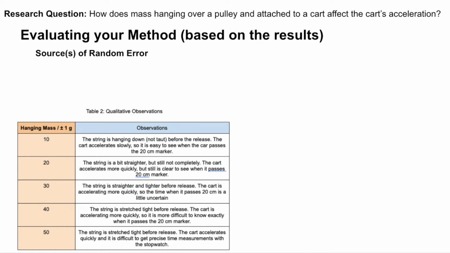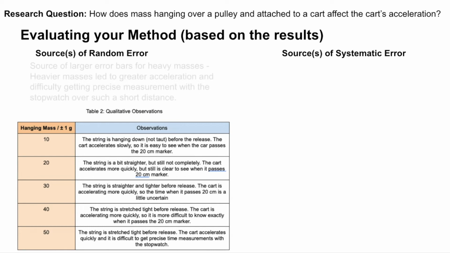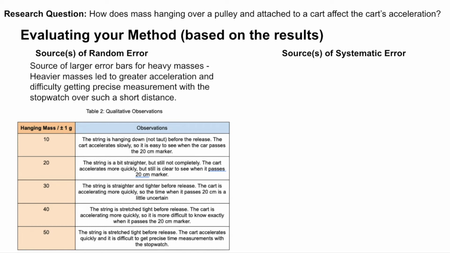And that's the key thing here. We're looking for errors that your method may have caused in terms of the data, experimental errors. So we can have random errors and we can have systematic errors. Now, if you look at this qualitative data table, one thing that you might find is a possible explanation for the large error bars when we had a heavy mass hanging.